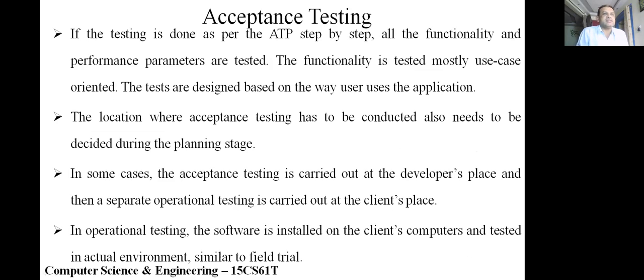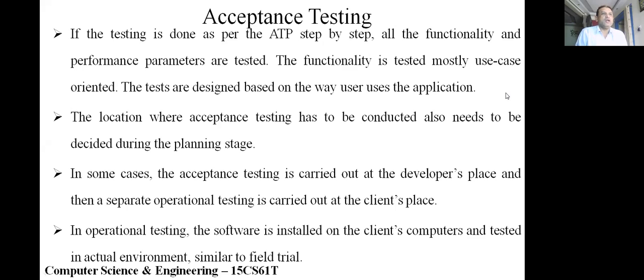If the testing is done as per the acceptance test plan, step by step, all the functions, functionality and performance parameters are tested. The functionality is tested mostly as use case oriented. The tests are designed based on the way the user uses the application.